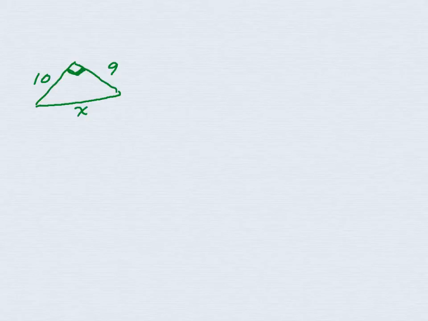So what I'm always looking for is one indication that you know the proper equation for this particular triangle. So I would say that you should write down something similar to this. 9 squared, which is the leg, plus the other leg squared, which is 10, equals the hypotenuse squared, x squared.